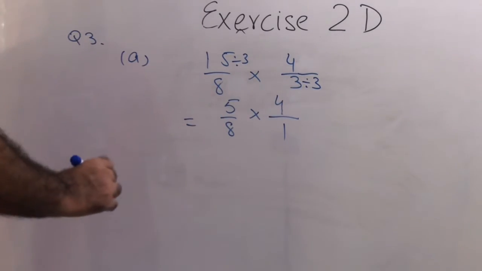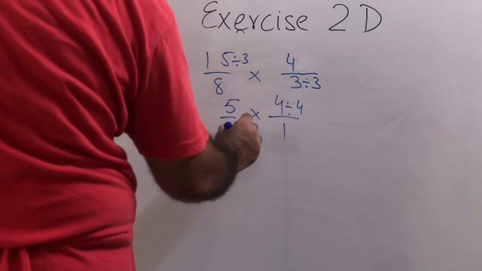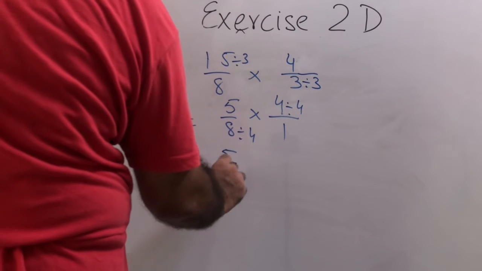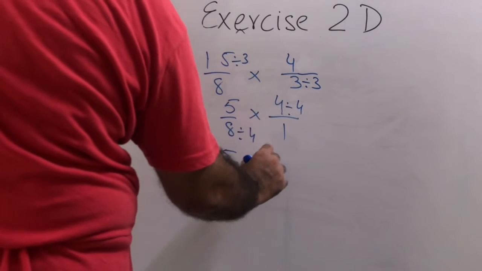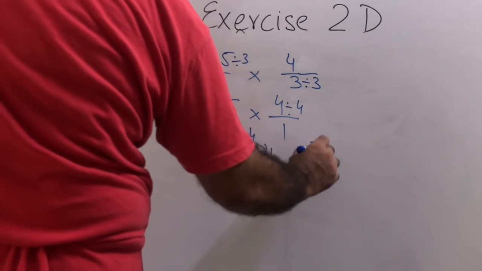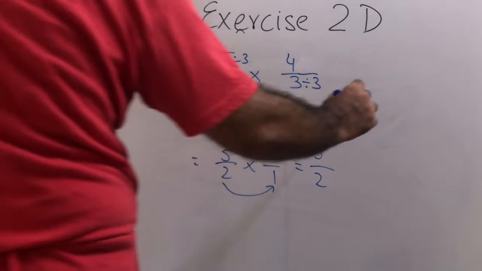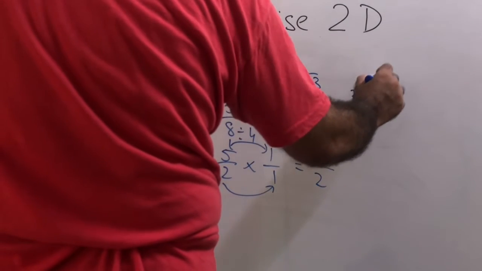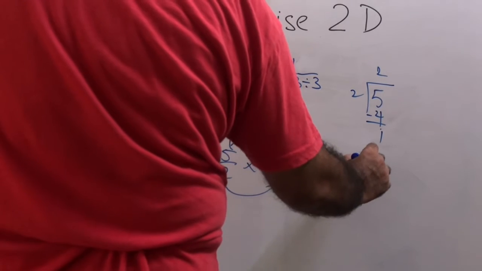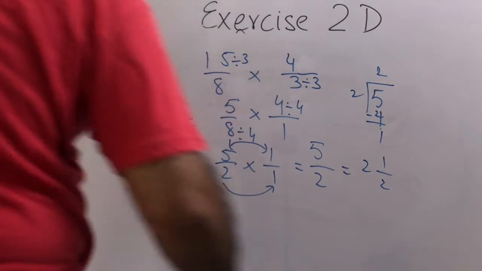Then we can simplify 8 and 4, divide by 4. 8 divided by 4 is 2, 4 by 4 is 1. 5 multiplied by 1 gives 5, and 2 multiplied by 1 gives 2. 5 over 2. Further, we can divide: 2 twos are 4 and 1 left, so it becomes 2 whole number 1 over 2. This is the answer for part A.